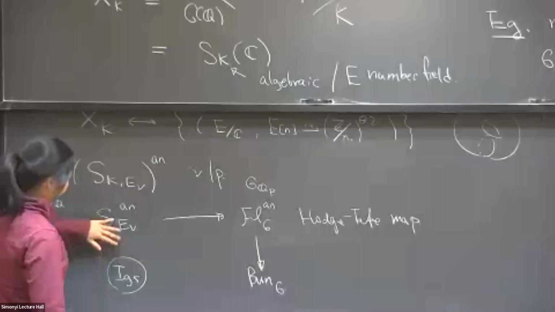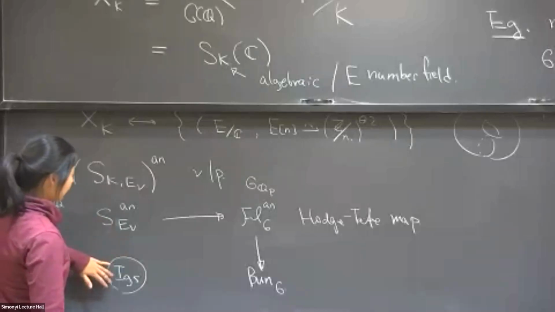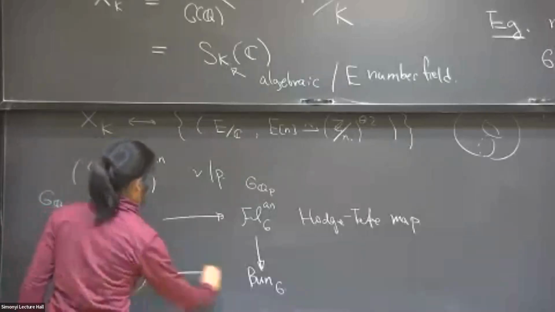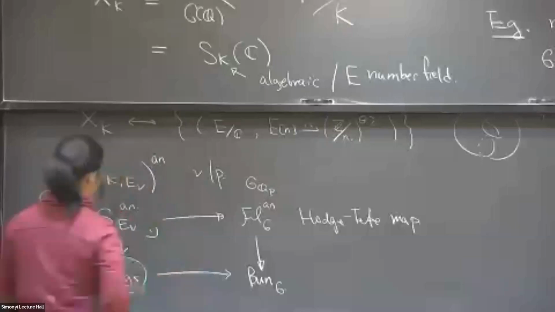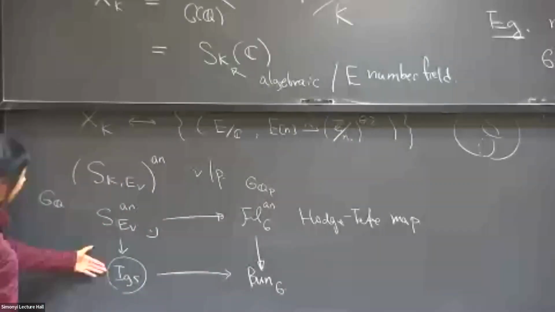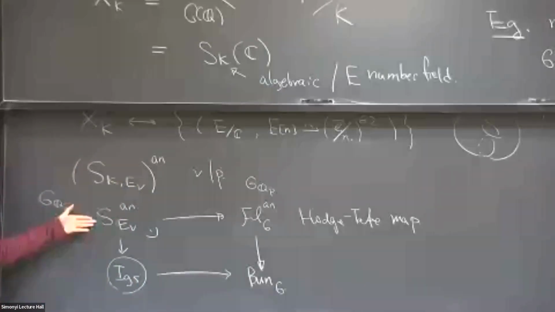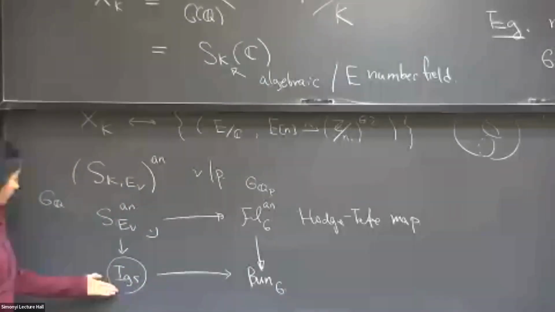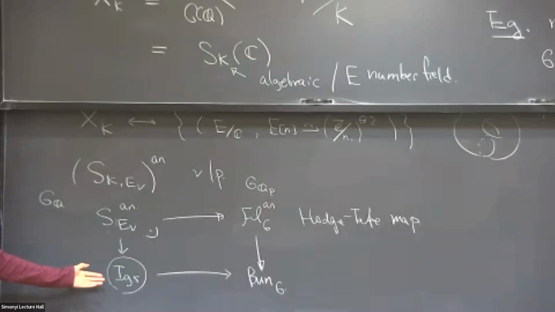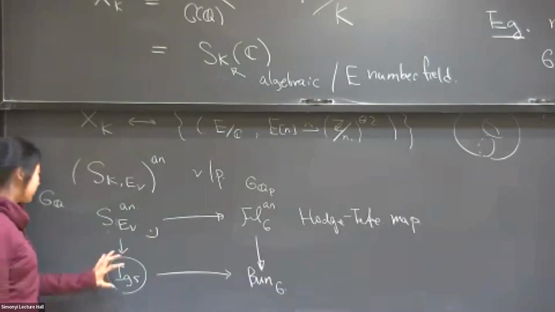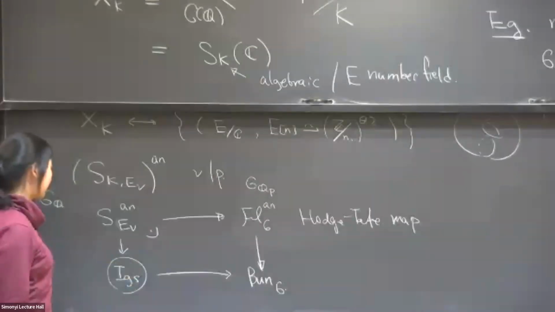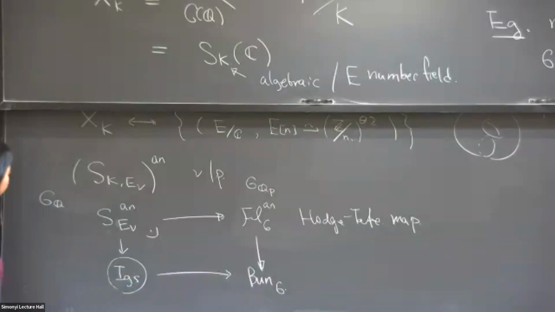And it's conjectured that there is some object fitting into a Cartesian diagram like this, which captures the global but away from p information of the Shimura variety. I denote this object by Igs, which stands for Igusa because of its relation to the classical Igusa varieties. And constructing this kind of object has been the interest of my studies.